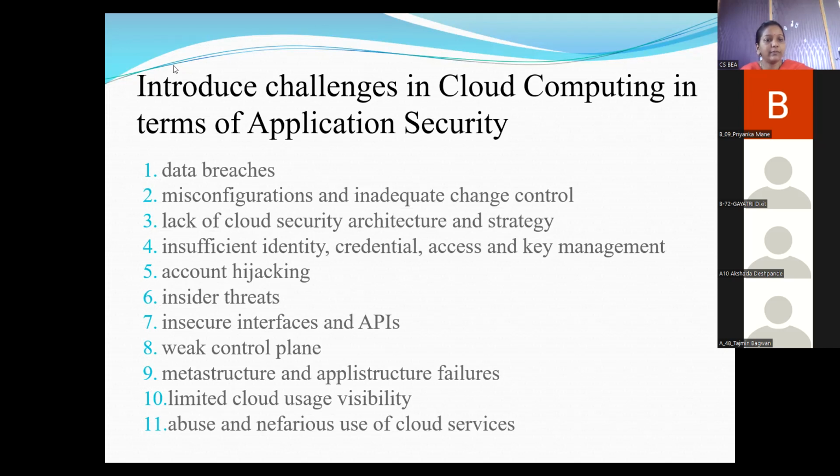A working group of practitioners, architects, developers, and C-level staff identified a list of security threats, which were then analyzed by security professionals, who ranked them and narrowed them down further to 11 security challenges. So in that, the first is the data breaches.